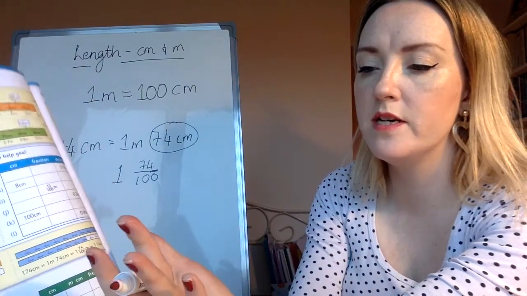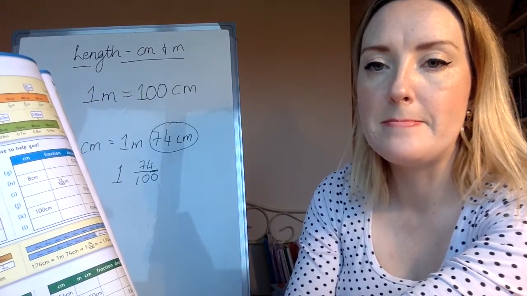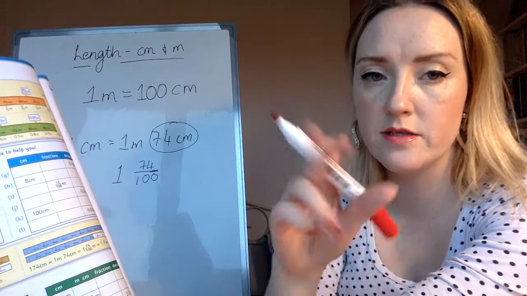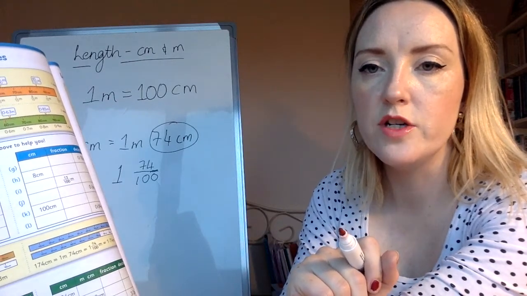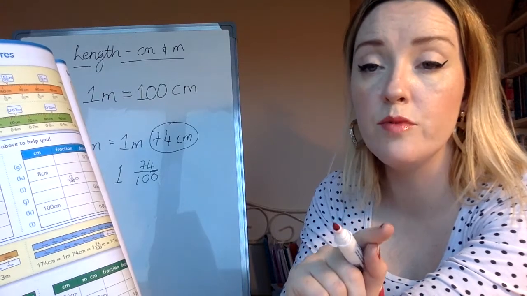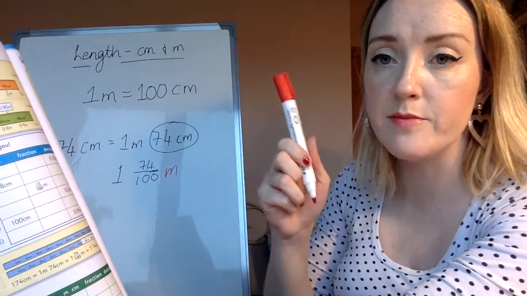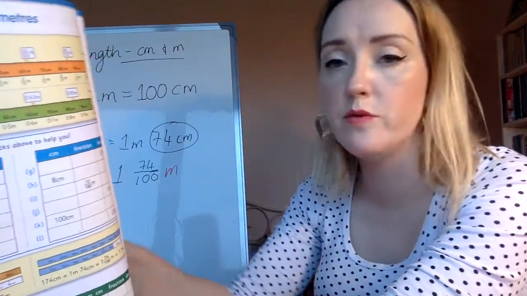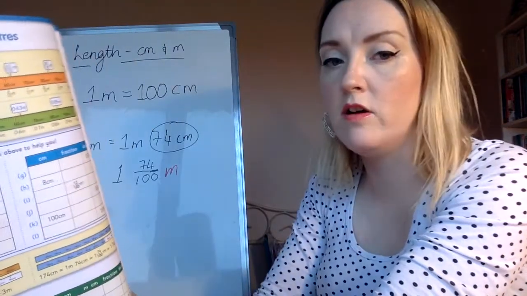If I gave you a task and said, boys, how are you going to measure 1 and 74 over 100? You're saying, what's she talking about? So you have to put in the unit of measurement, which is metres. That's why I put it in red, because it's so important. Your answer will be wrong otherwise. Especially in 4th class now, we need to be adding all these bits of knowledge.